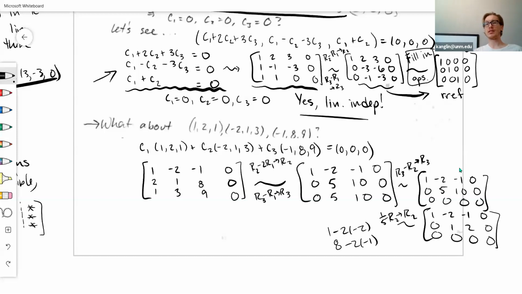And from here, I see this is a dependent system. Maybe that's a hint that this is a dependent set of vectors. Let's see if that conclusion is correct.